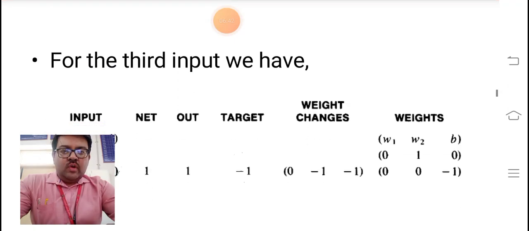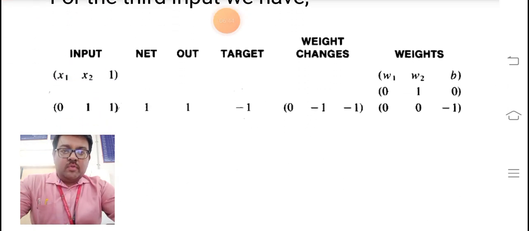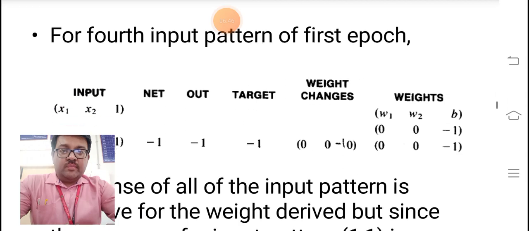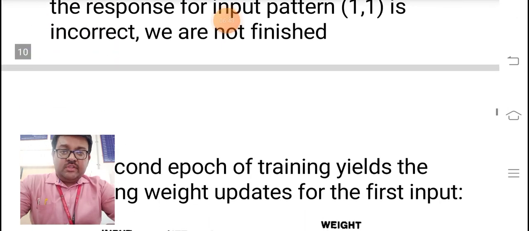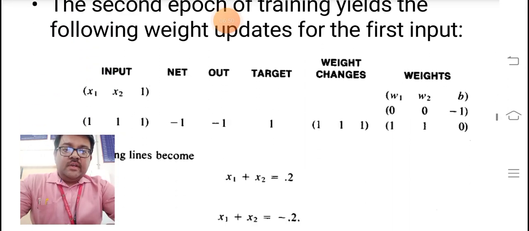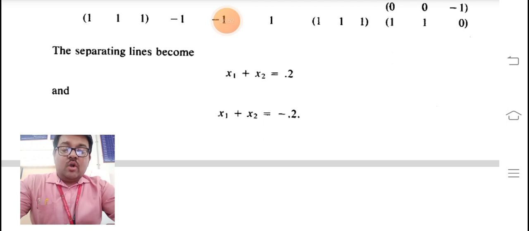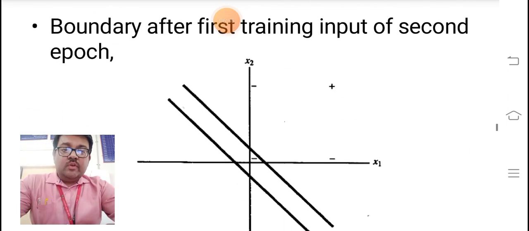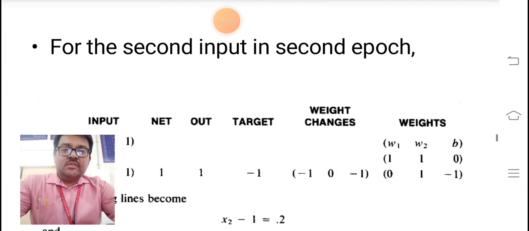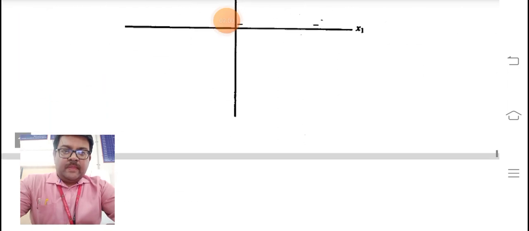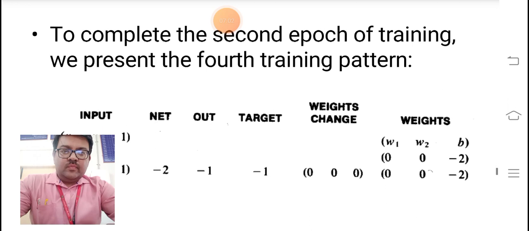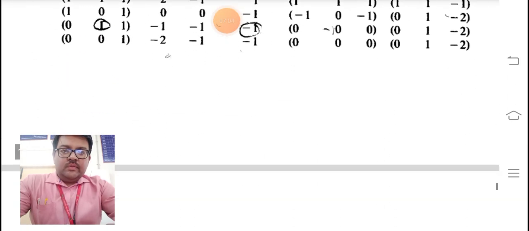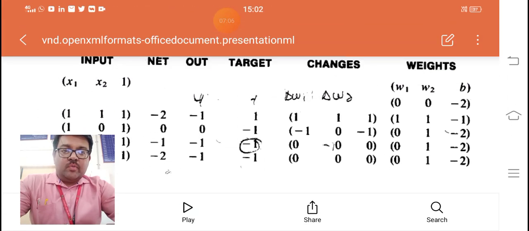Likewise you need to apply this for the different inputs, third input, fourth input, and continue this process till you get output equal to the target. You should keep on continuing this process. Now this is after the third epoch.